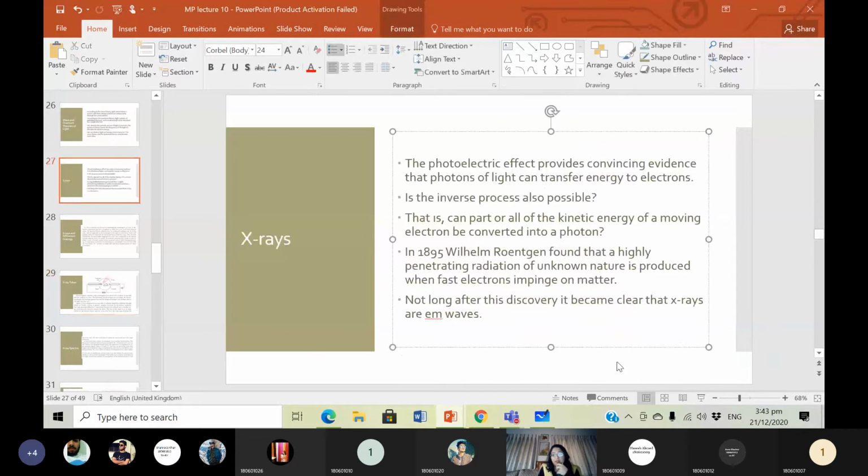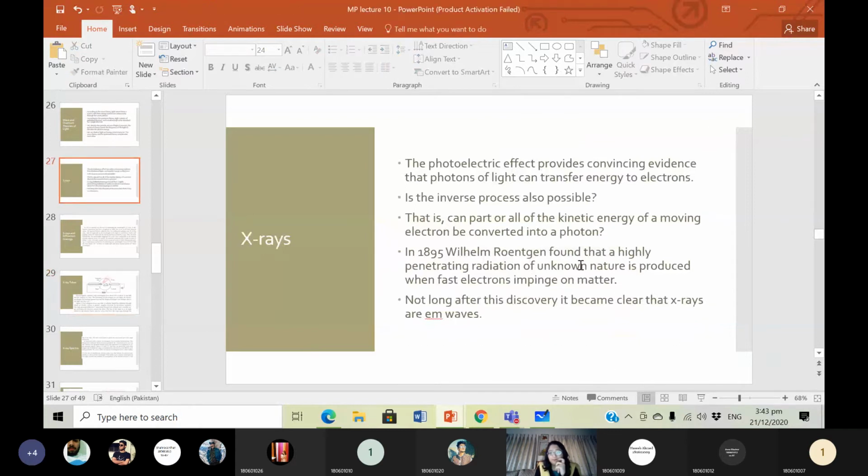Röntgen, he was the one who discovered these X-rays, okay?